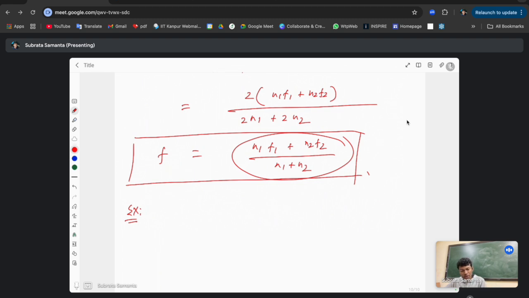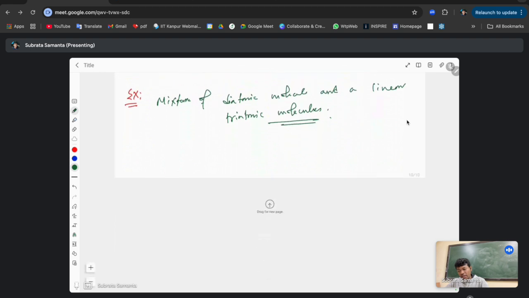One is diatomic molecules, and the other is linear triatomic molecules. What is the degree of freedom of the mixer?